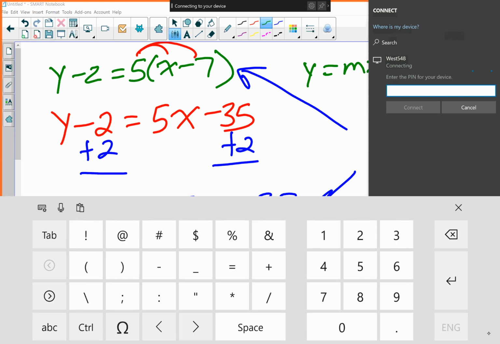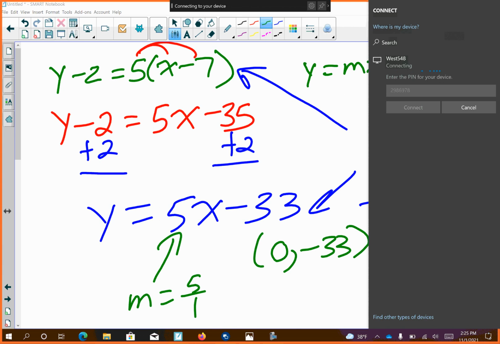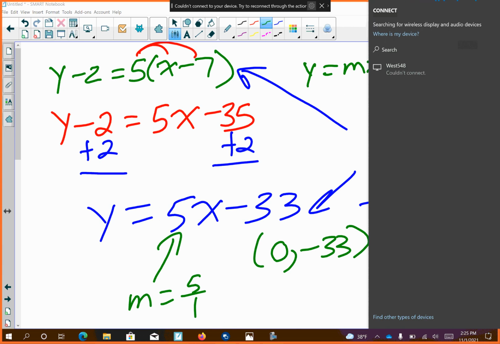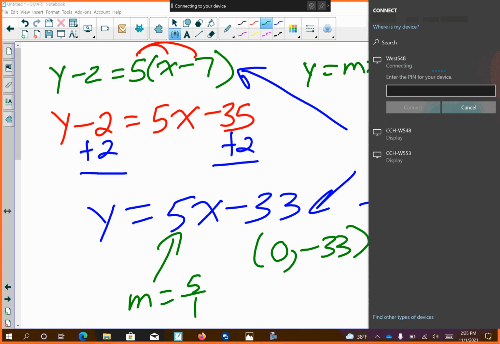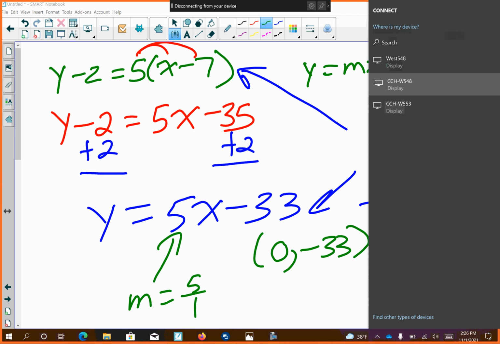Let's change sources. There it is. Screen beam, 548.